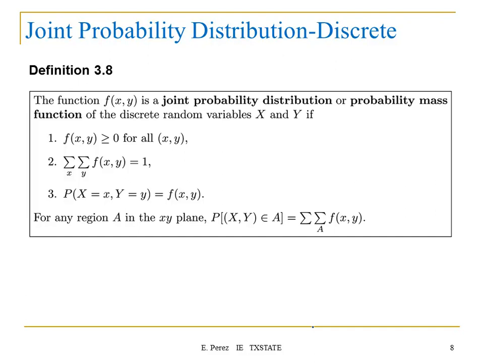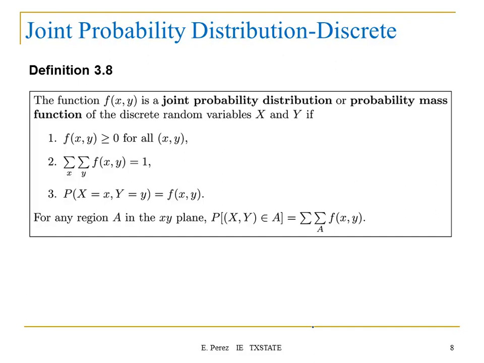What we're trying to do here is extend that same definition to the joint probability distribution. So again, the function now of 2 variables, x and y, needs to be greater than or equal to 0. The sum of the probabilities for x and y needs to be equal to 1.